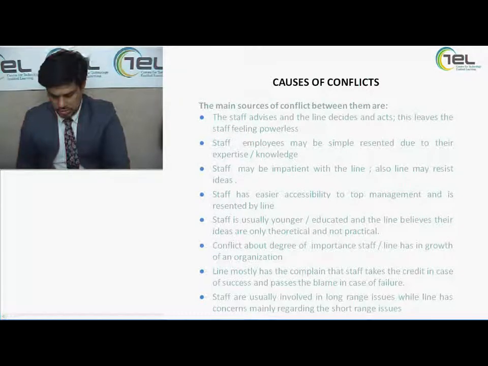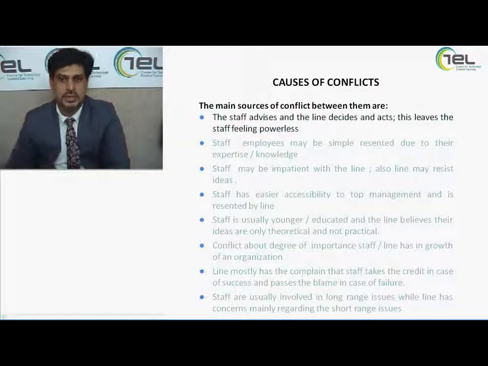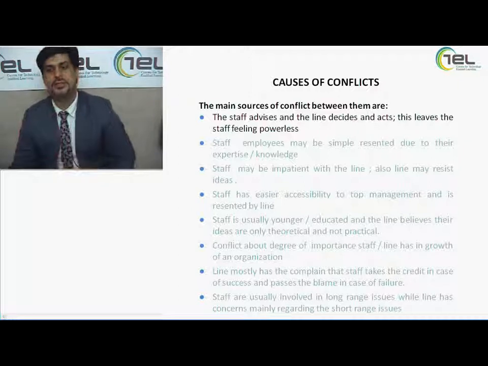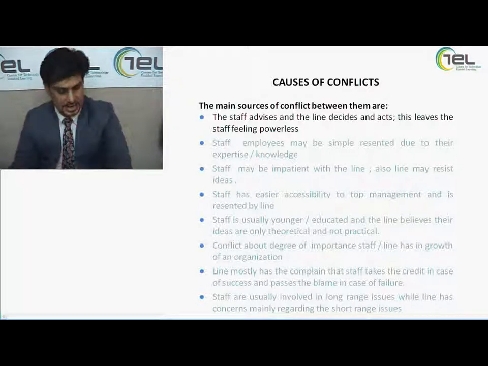The main sources of conflict between line and staff are that the staff advises and the line decides and acts. This leaves the staff feeling powerless. The main problem which arises, which leads to conflicts in an organization as far as line and staff goes, is that line is the function of operations while staff is the function of advising.